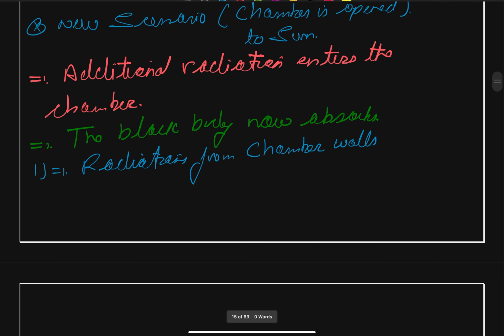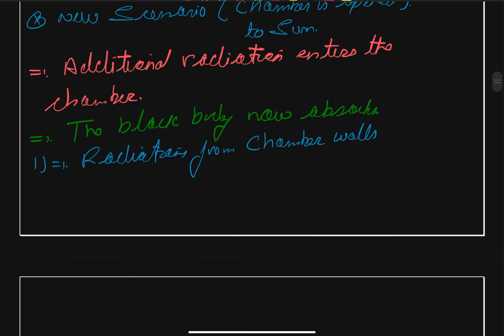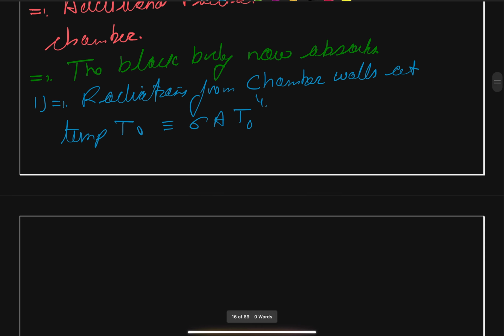So radiation from the chamber walls at temperature T naught will be equal to Boltzmann constant, area, and T naught raised to power 4.